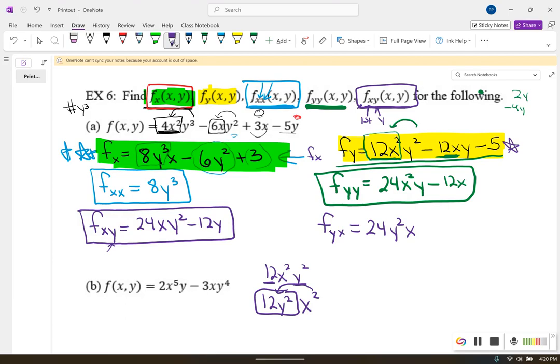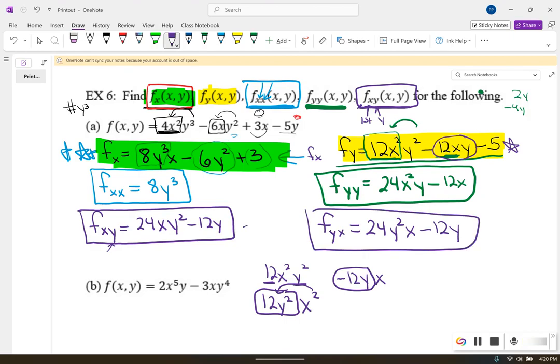And then with respect to x, if we're looking at this term, 12xy, the 12 and the y, that's just a constant number times x. So the derivative of any number times x is just that number.